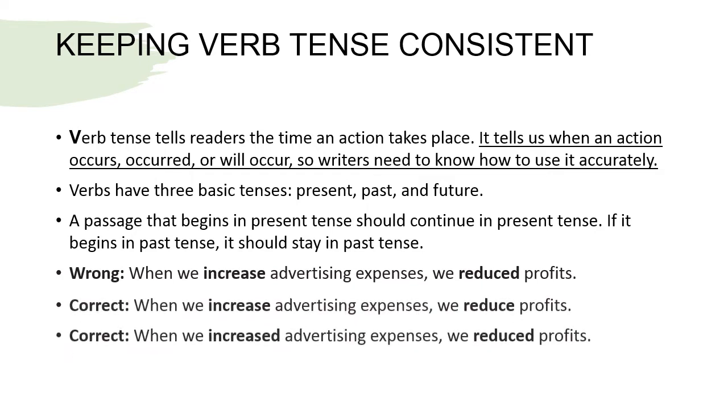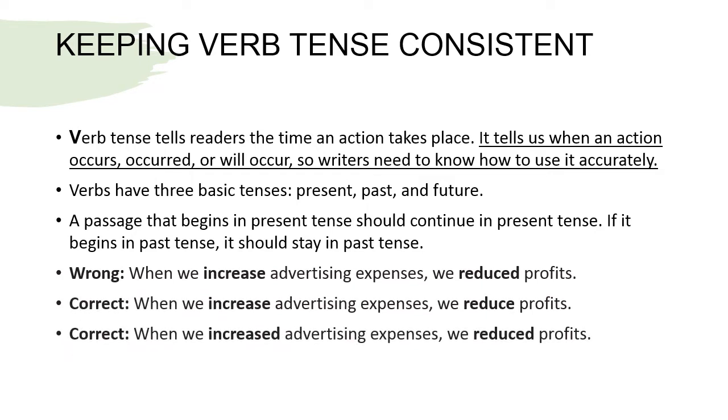So the right way of writing it could be using present tense in both the clauses or using past tense in both the clauses. So probably after correction, the sentences would look something like this. When we increase advertising expenses, we reduce profits. When we increased advertising expenses, we reduced profits.